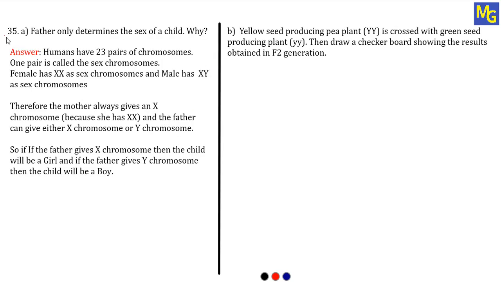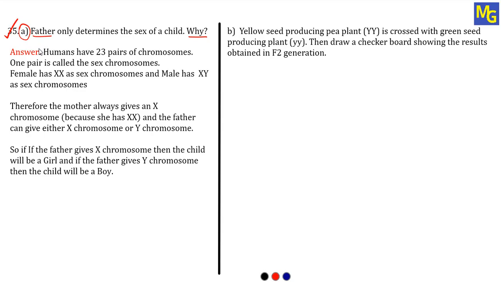Now the next is question number 35, which is divided into sub-questions A and B. We'll start with A first. Father only determines the sex of a child. Why? As we know, in human beings, in sexual reproduction, 2 individuals are required, father and mother. From father, male gametes will come, and from mother, female gametes will come, and both join.